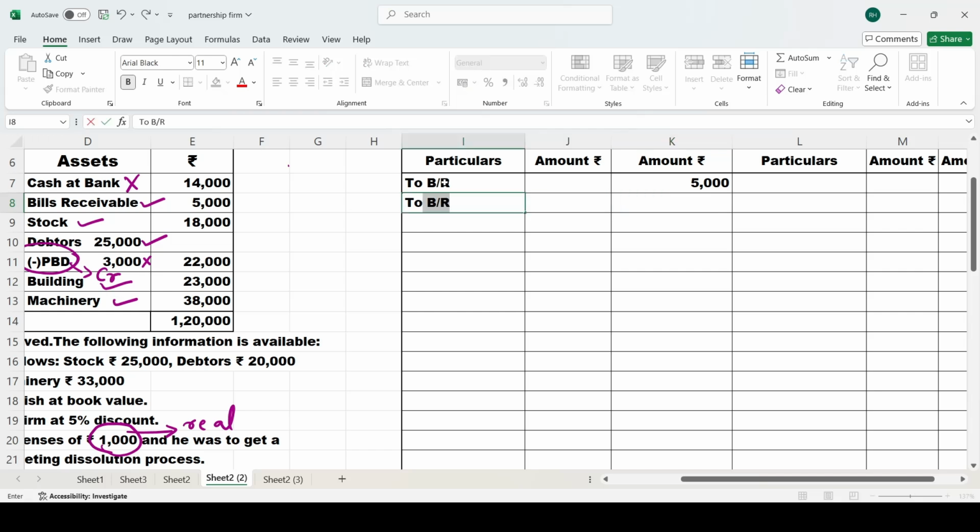Next, to stock. What is the stock amount? 18,000. Next, to debtors. Debtors take the inner column. Amount is 25,000.